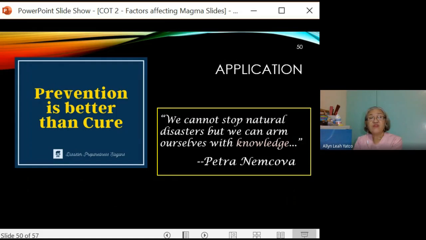So most of us experienced being relocated to other shelters, and that was the first time we experienced a lockdown.